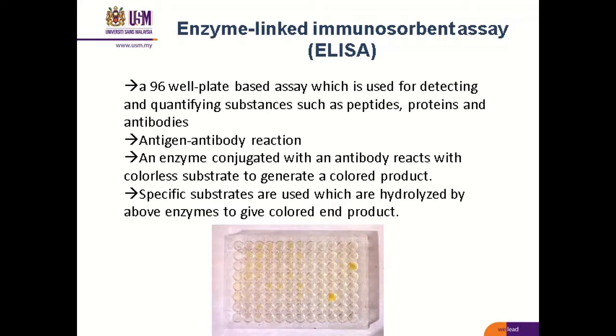There is an antigen and antibody reaction, so they bind together, and an enzyme conjugated with the antibody reacts with the colorless substrate to generate a colored product. Specific substrates are used which are hydrolyzed by the enzymes to give the colored end product, and this is measured by the machine so that we can interpret whether it is positive or negative.